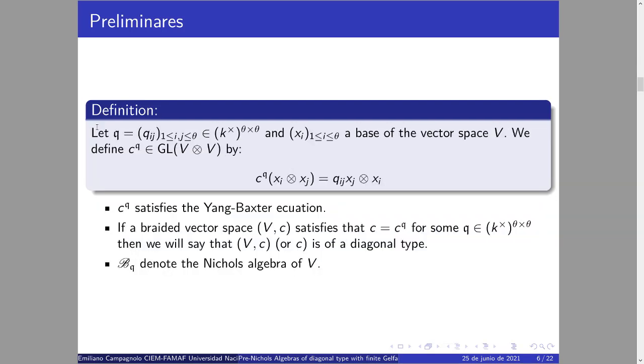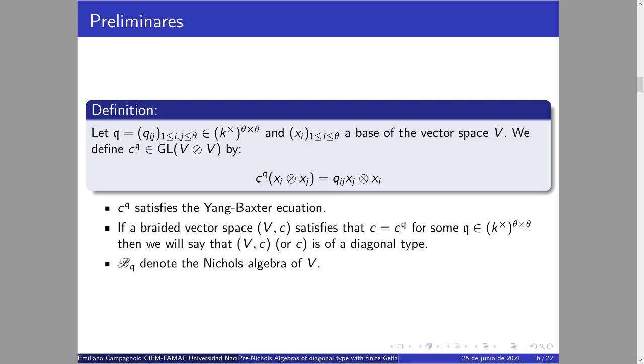Okay, let Q and x_i a basis of the vector space B. We define C_Q by the flip in B tensor B multiplied by Q, and it results that C_Q satisfies the Yang-Baxter equation.